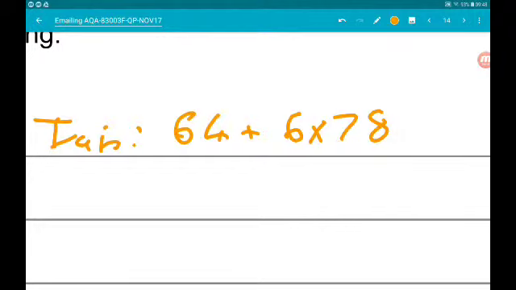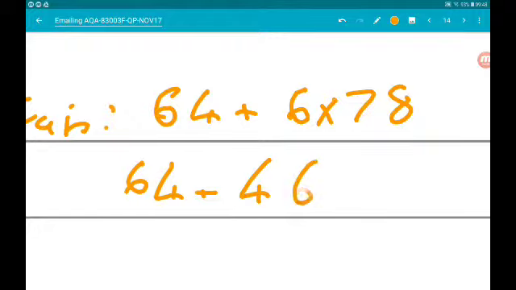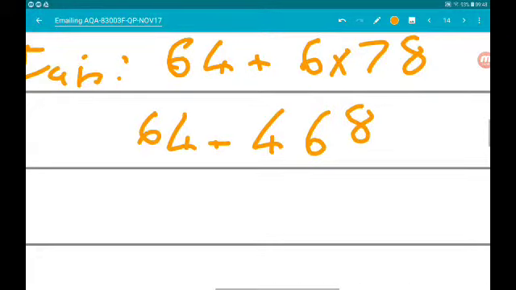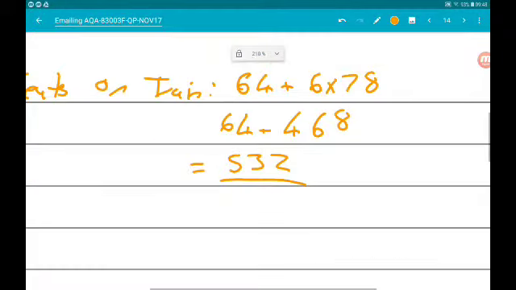Now remember, you can use your calculator. That's 64 add 420 add 468. So altogether, that is 532 seats.